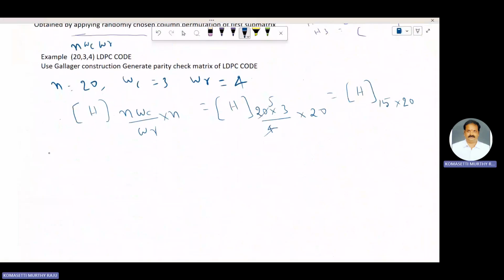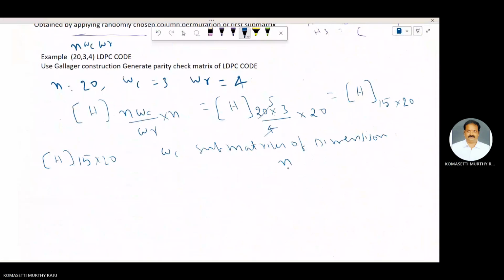The H parity check matrix, 15 cross 20, according to the algorithm is divided into WC submatrices of dimensions n by WR cross n.